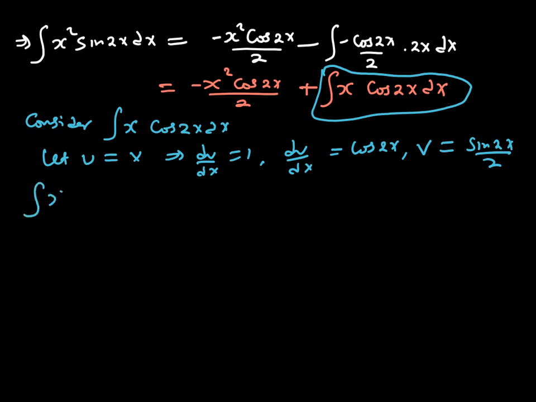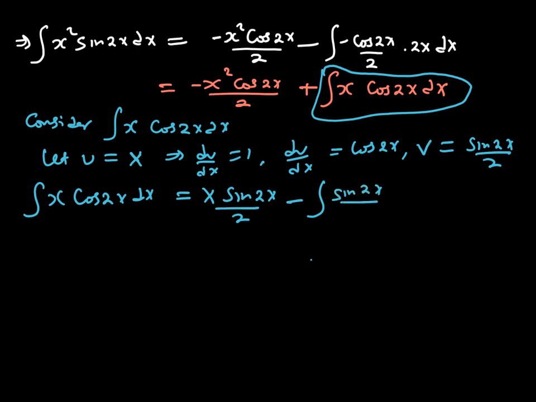Now the integral of x times the cosine of 2x dx will be uv. Remember, the formula is uv. So my u here is x, and the v is sine. So it is x sine 2x over 2, then minus the integral of v, which is now sine 2x over 2 times du/dx. In this case, du/dx is equal to 1.